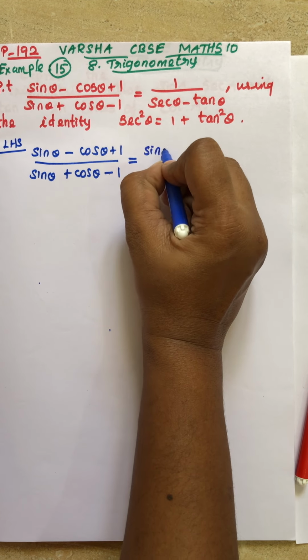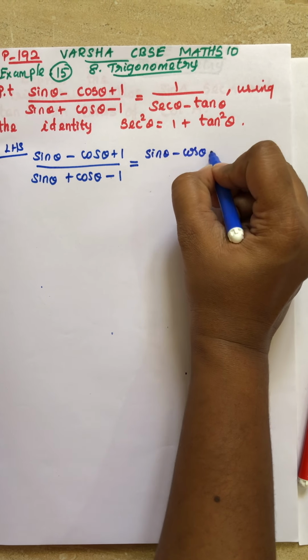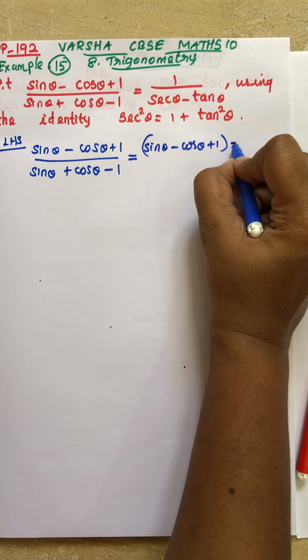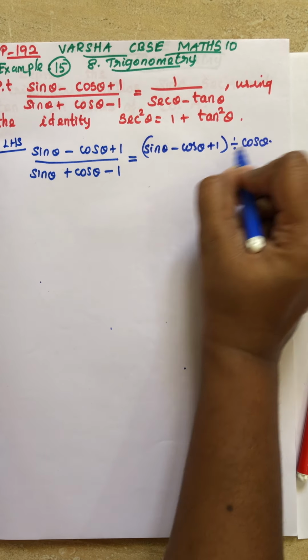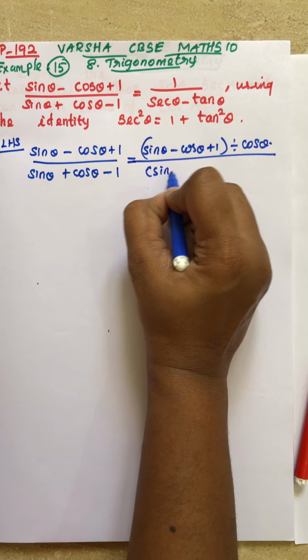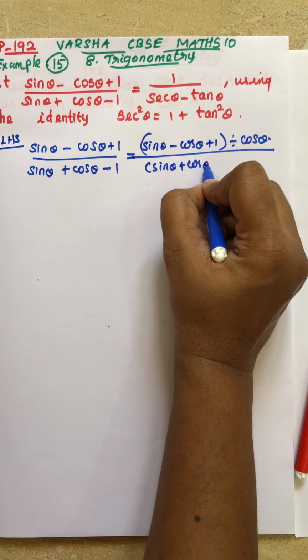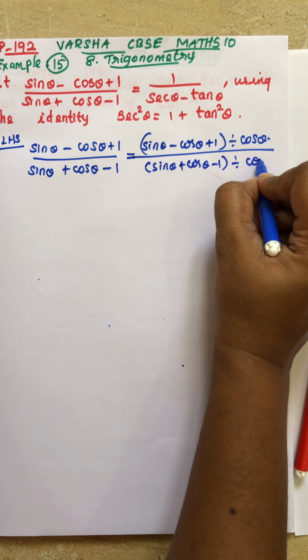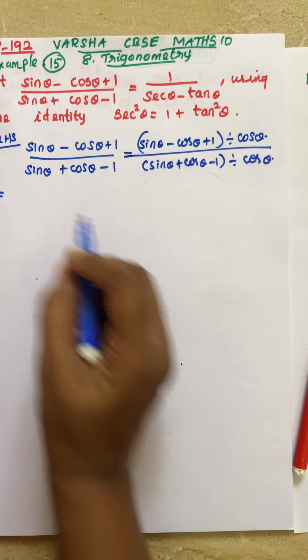Sin minus cos plus 1 is divided by cos theta, and sin plus cos minus 1 is also divided by cos theta. So what do you get, students?